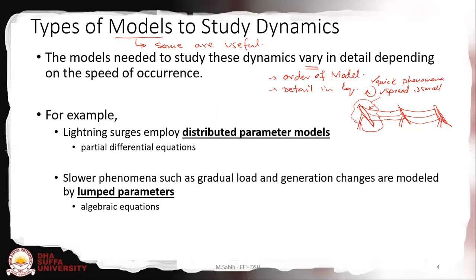So in that case, you have to have small portions throughout the line, in which you are able to capture small areas, to capture the phenomena at individual places.